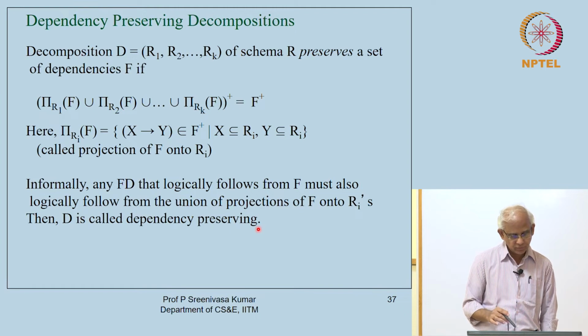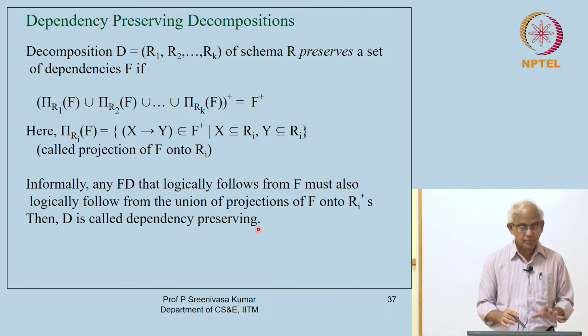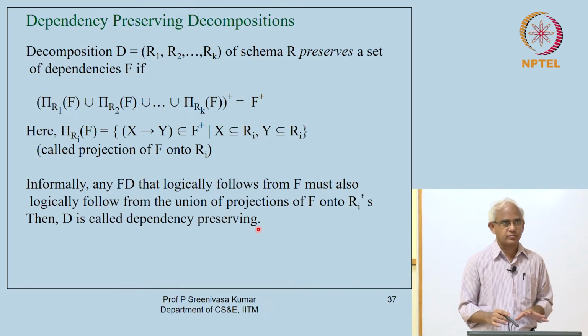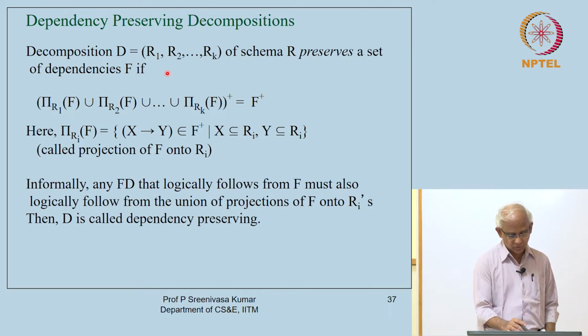The other desirable property for decompositions is called the dependency preserving property. So, here also let me define what exactly we are talking about. Let us take a decomposition D which has some k number of components.